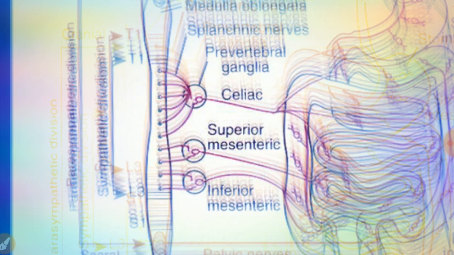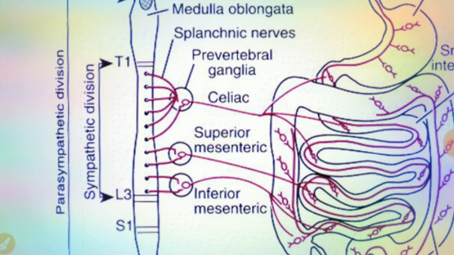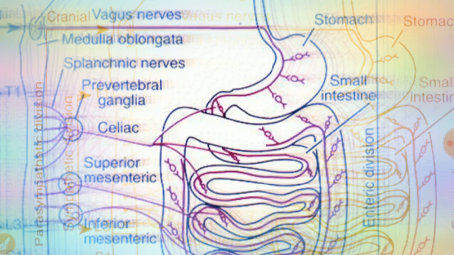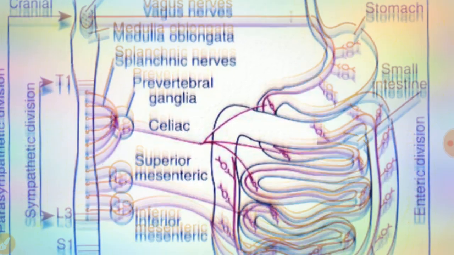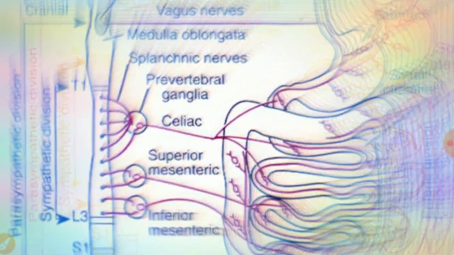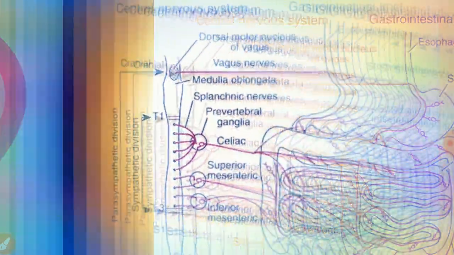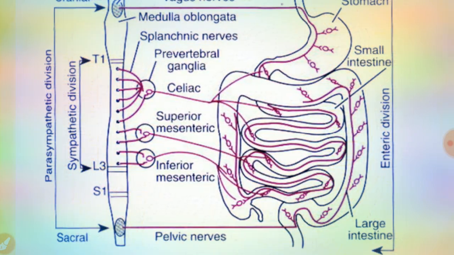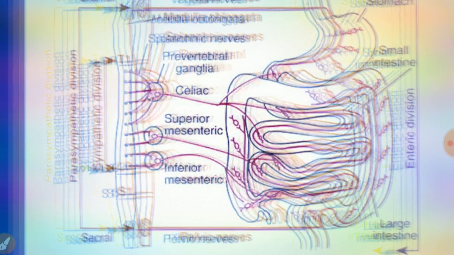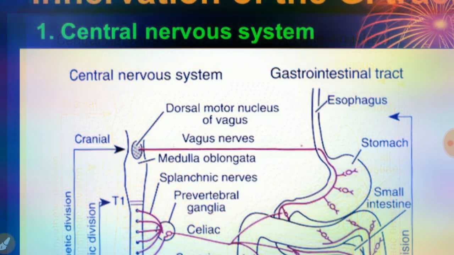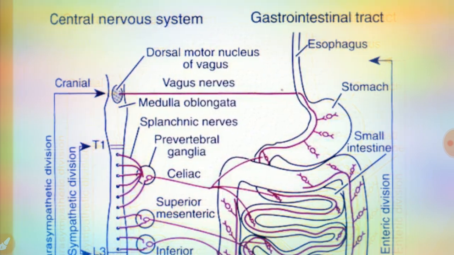The parasympathetic division and the sympathetic division arise from the thoracic, lumbar, cervical, sacral and coccygeal levels. How the innervation of the GI tract takes place, this picture shows you. Here is the enteric division, with the superior mesenteric and inferior mesenteric ganglia, the large intestine, and the pelvic nerve, sacral. We can see in this how the central nervous system innervates the GI tract.